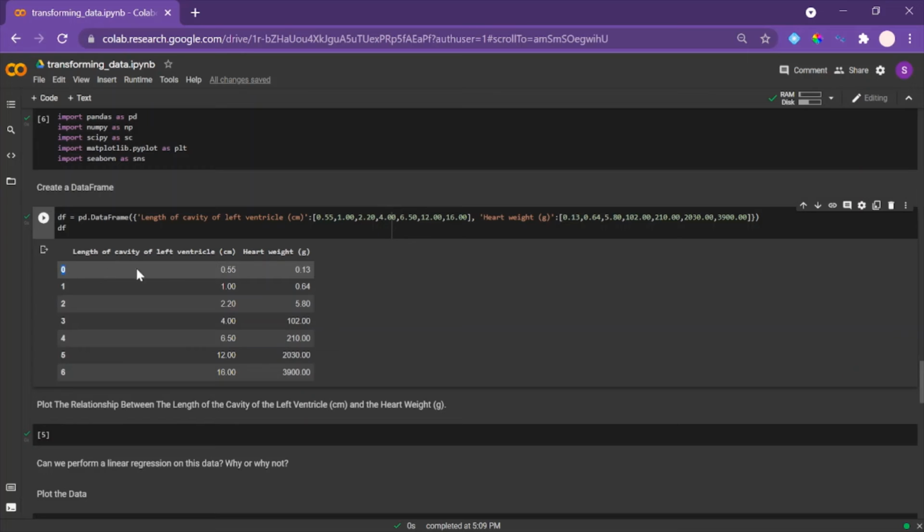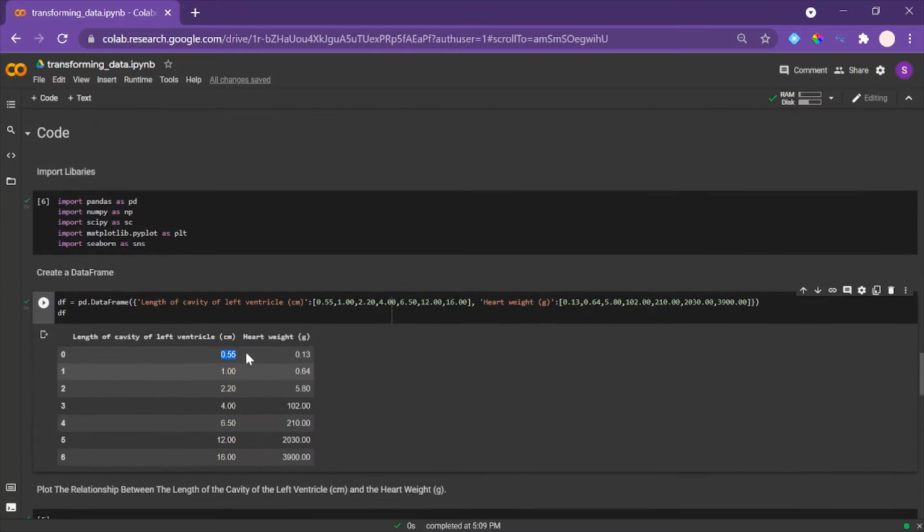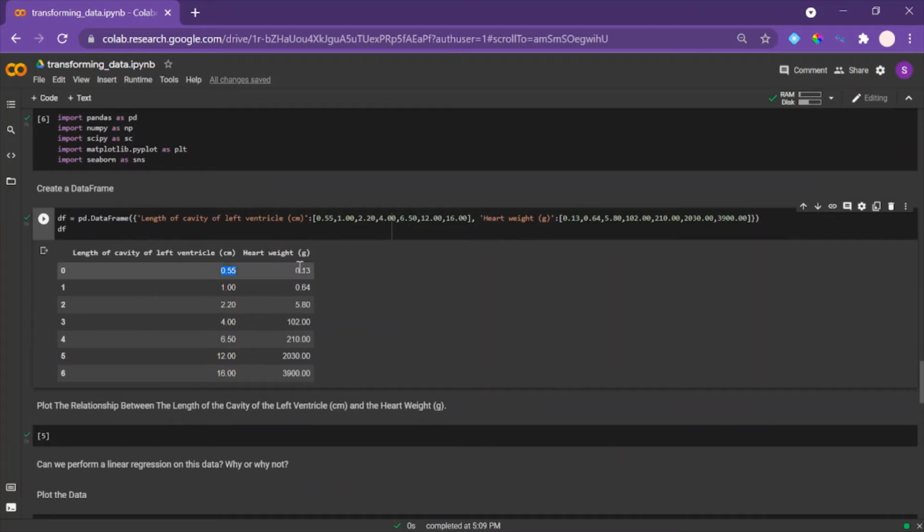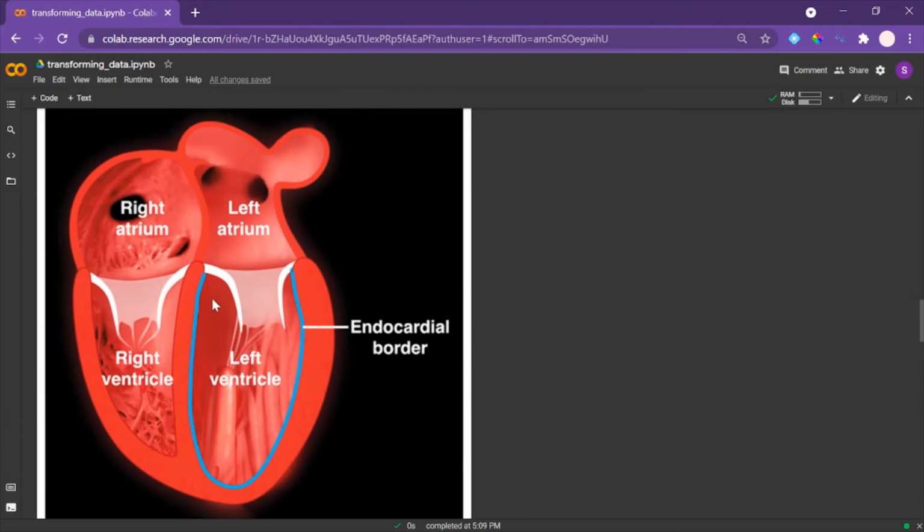So for example, animal number 1, in this case, you know how Python starts with 0. Animal number 1 has a length of 0.55 centimeters for its left ventricle, and its heart weight is actually 0.13 grams. Okay, so that's what we're doing.